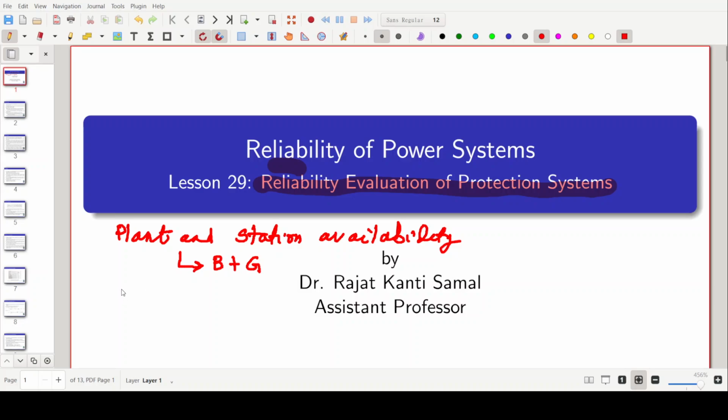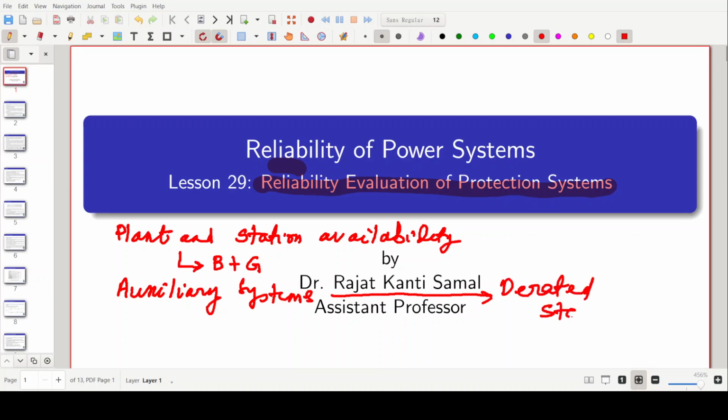Then we considered auxiliary systems, and because of the auxiliary systems, how derated states are possible, though not completely out of service or zero output. So this was lesson 25, 26.